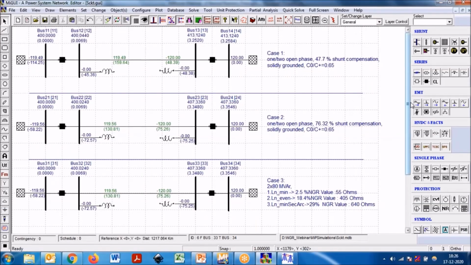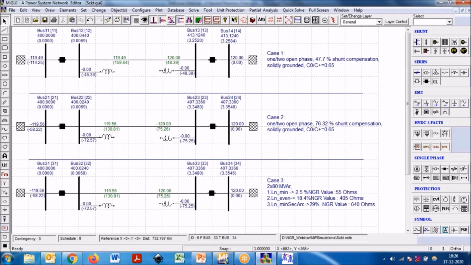So this is just single circuit resonance where we can see the degree of compensation. For both single phase and two phase you don't get it, but in this case for both phases you'll get a resonance point.